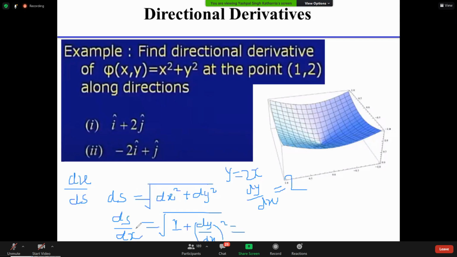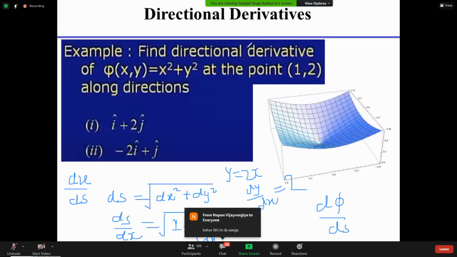So similarly, you can also calculate the value of dy over ds, and then you put the value in that directional derivative df over ds. So yeah, you'll have to do this simple calculation yourself.